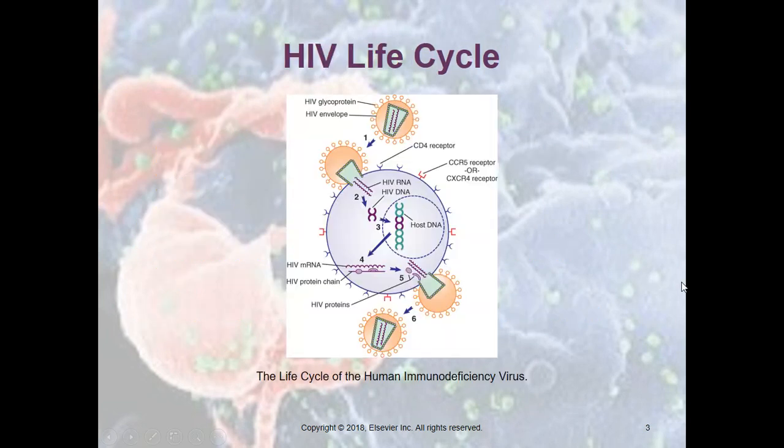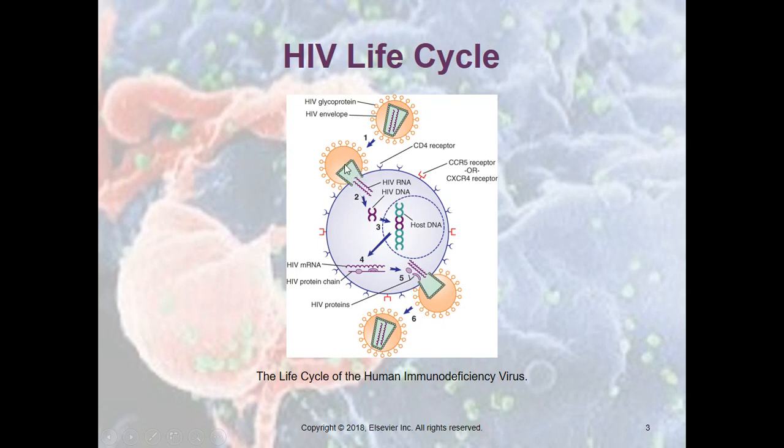So here we can take a look at the HIV life cycle, and it shows you how the HIV cell itself is made up. It has these HIV glycoproteins located on the outside of the cell membrane, and then it has the HIV envelope. Once it meets with your CD4 immune cells, it attaches at the CD4 receptors and opens this HIV envelope, which is the cell membrane of the HIV virus.